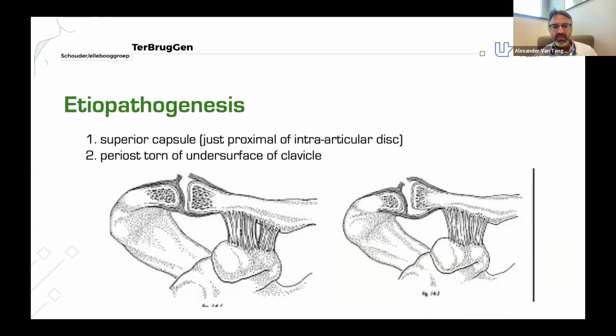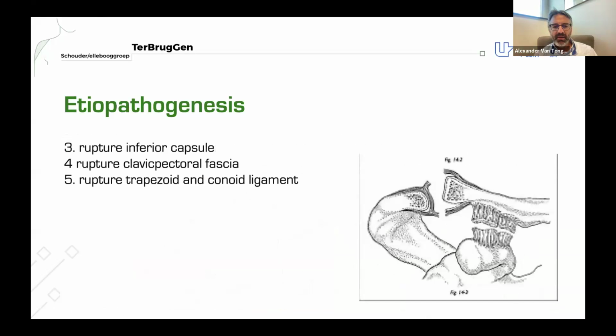And then most of the time the periosteum is torn on the undersurface of the clavicle. So it means it's a type 1 or type 2 if we look at the Rockwood classification. Then we get a rupture of the inferior capsule. The next step is a rupture of the clavicle pectoral fascia. Then you get a rupture of the trapezoid ligament, and afterwards of the conoid ligament.